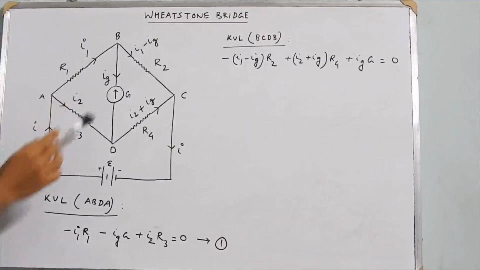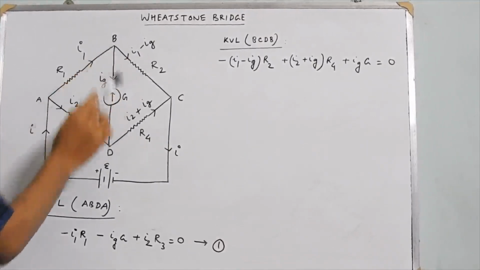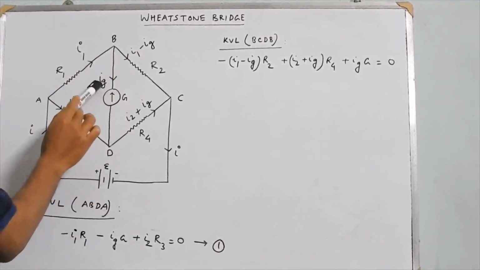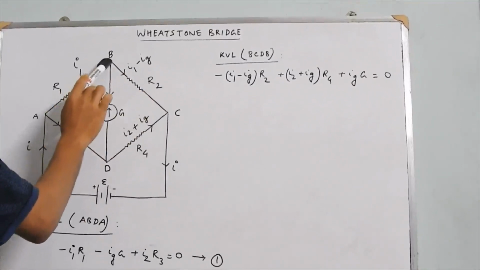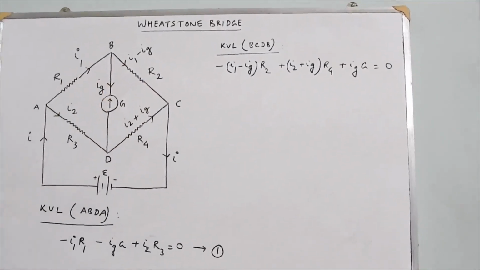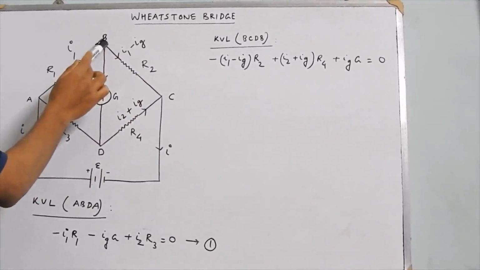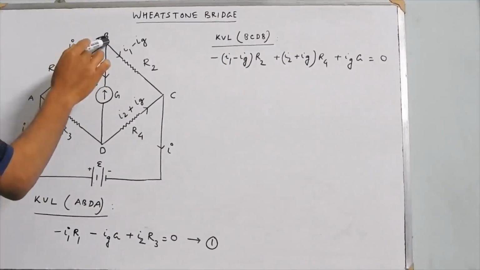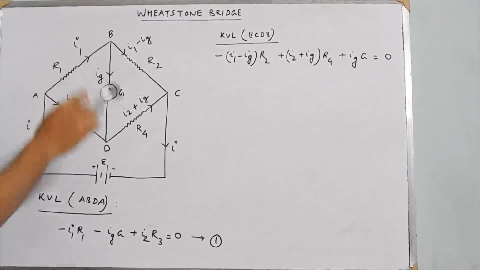If you observe it minutely, Ig and I1 minus Ig are leaving the junction B, which means their sum, that is Ig plus I1 minus Ig, which is obviously I1, is definitely reaching this junction B. So in accordance with Kirchhoff's current law or KCL, the current entering B must be equal to the current leaving B.